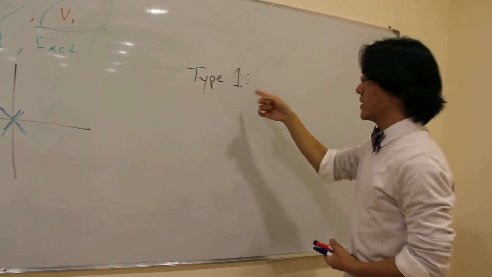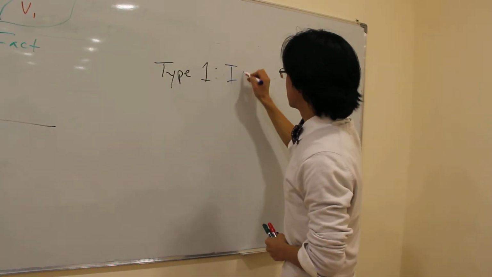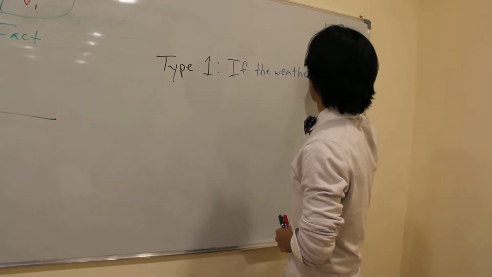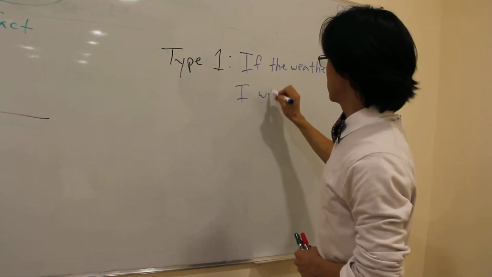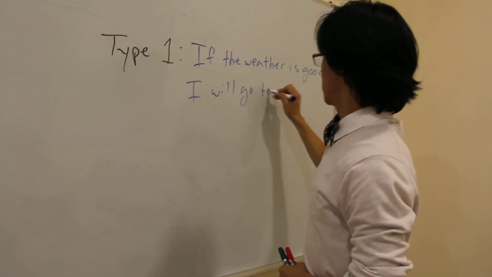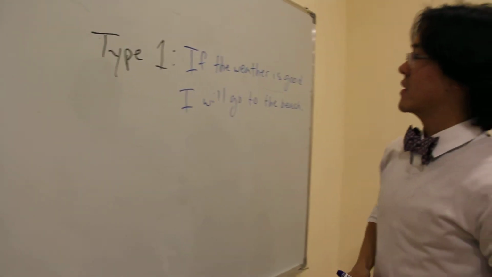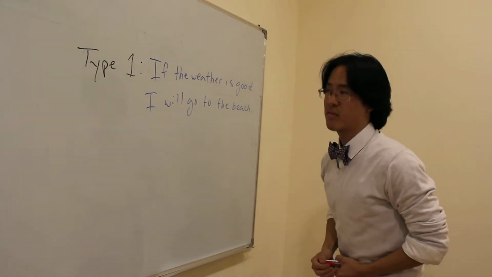Now the next one, type 1. An example: if the weather is good, I will go to the beach.